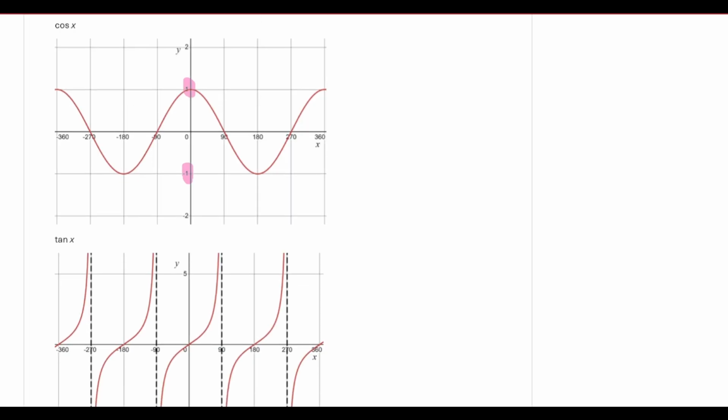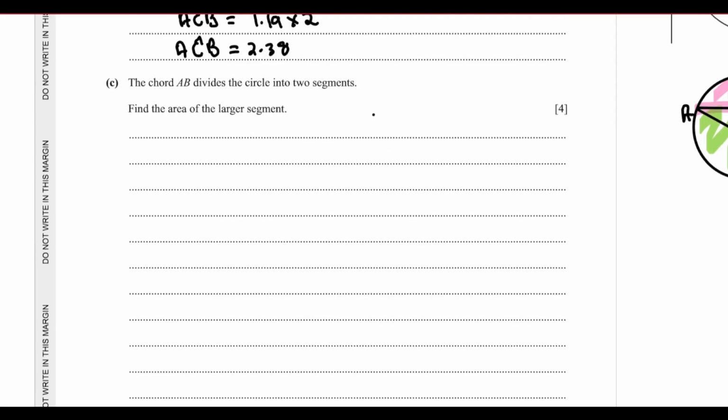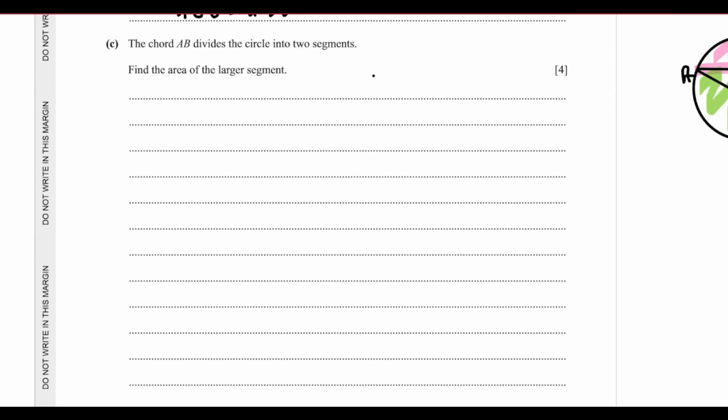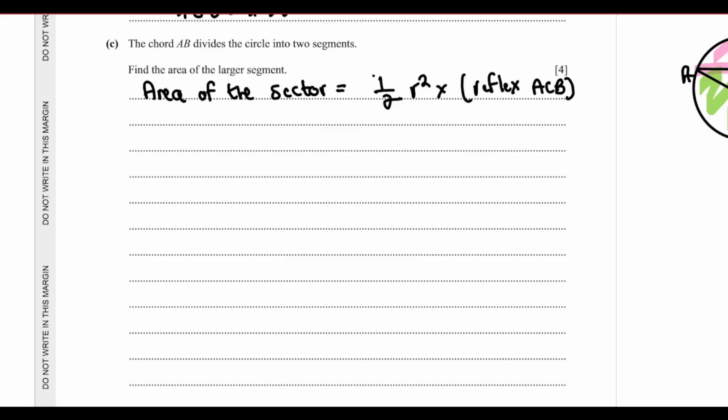So we want the area of the sector. That would be half r squared times basically the reflex angle ACB. What's a reflex angle?